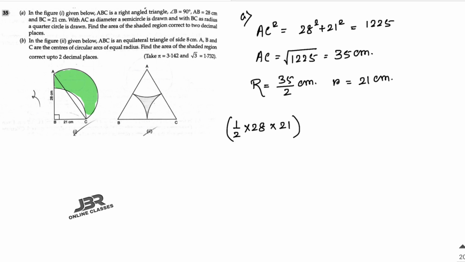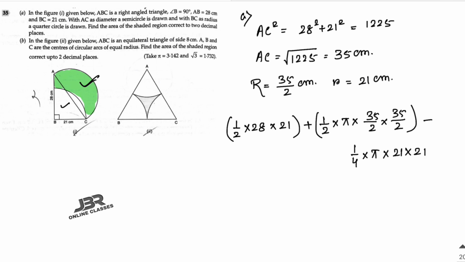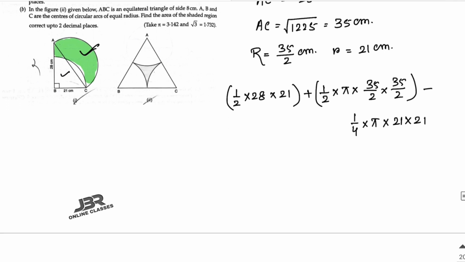Next, here you have to add the area of this semicircle. So that one equal to half, then pi, and then r square. R square means 35 by 2. So again write down 35 by 2, and then you have to subtract the area of that quadrant. Quadrant means 1/4, so 1/4 into pi, and then 21 into 21. Okay, so first here it's 14. So now 14 into 21, it's 294.